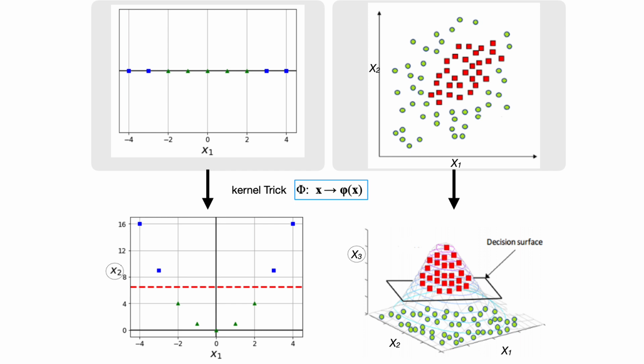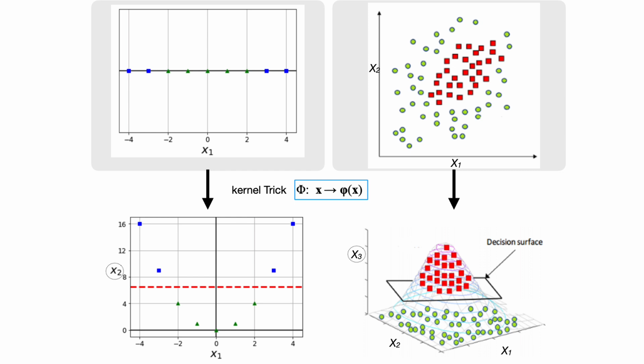And here's the example. So if the data is not linearly separable in the original feature space or input space, then we apply transformations to the data, which map the data from the original space into a higher dimensional feature space, as you can see.